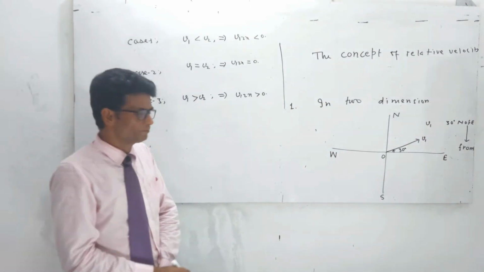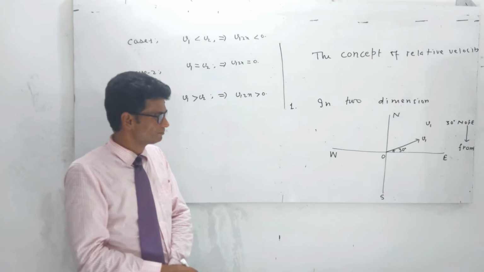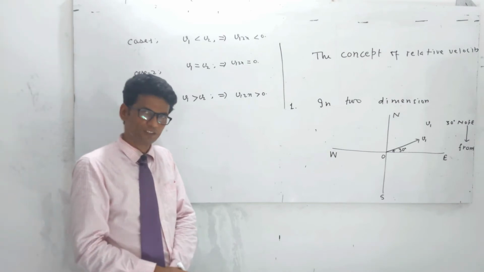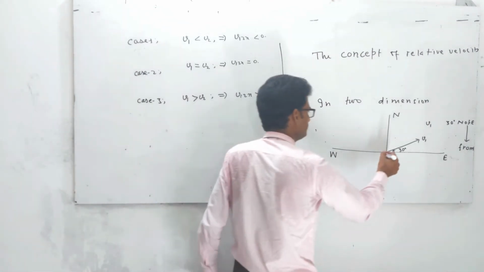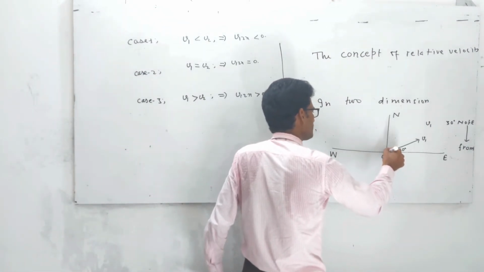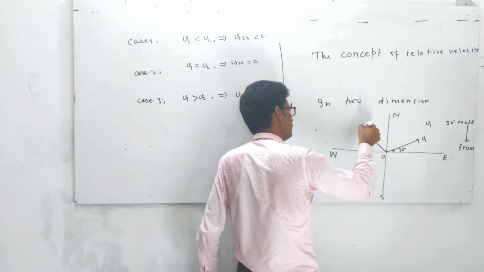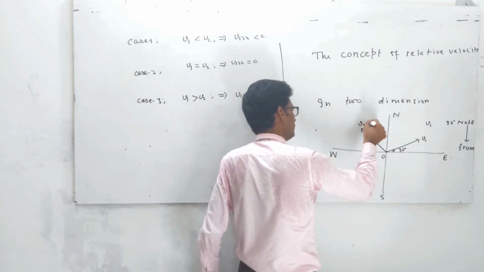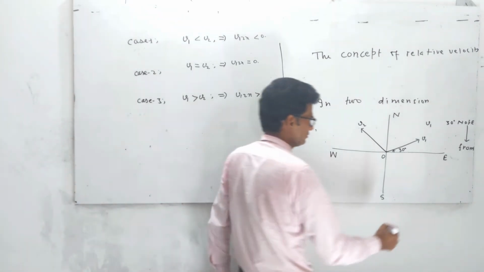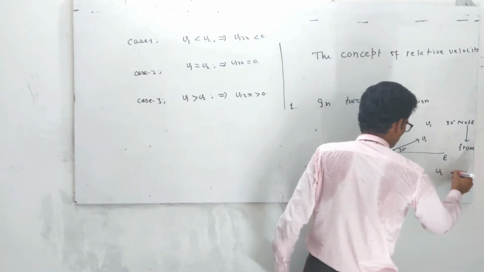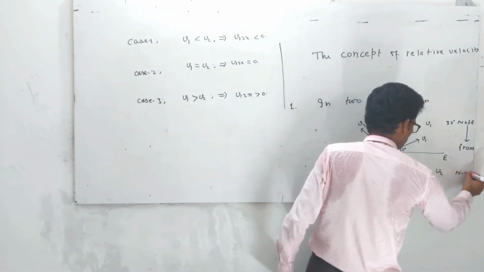Now at the same time, from the same junction, person 2 starts moving with the speed v2 at northwest.